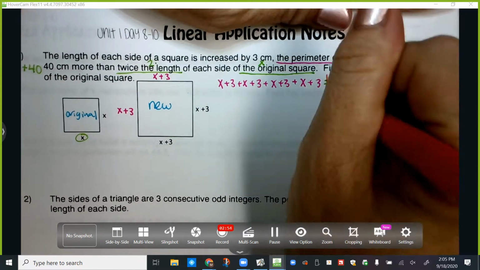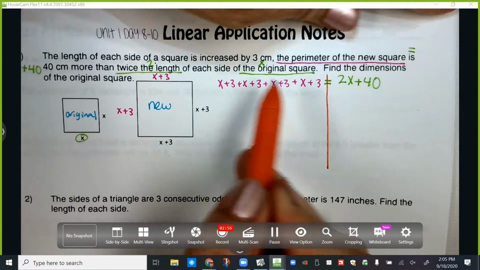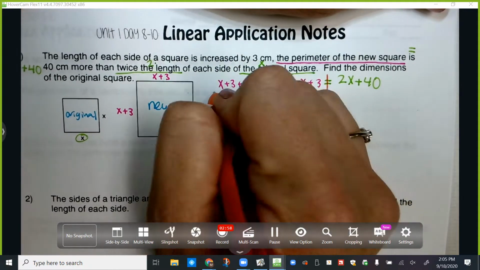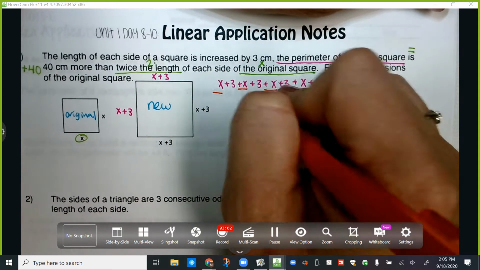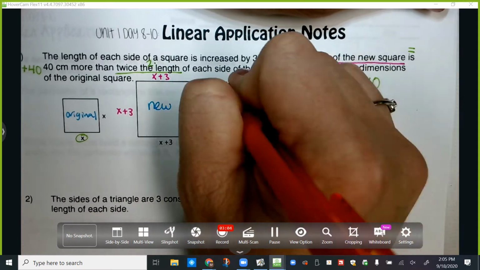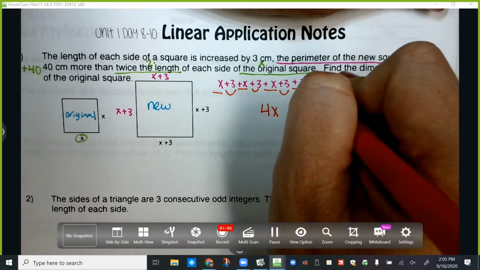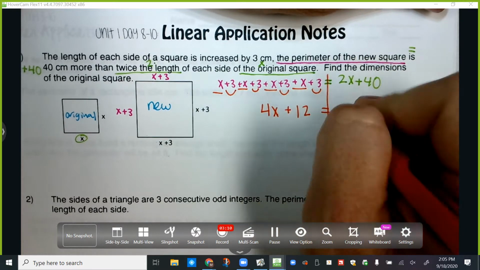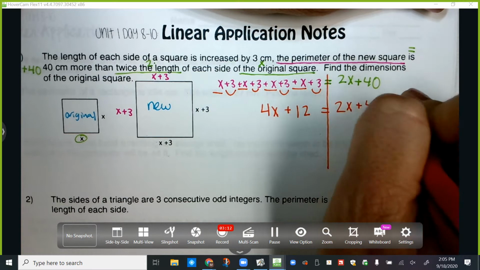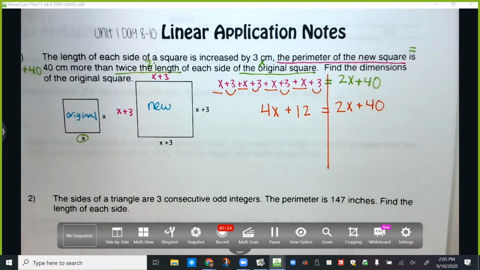Knowing this, you have to simplify the left side first. So what's x plus x plus x plus x? 4x. Plus 3 plus 3 plus 3 plus 3, plus 12 equals 2x plus 40. You've been in here long enough to know, what do I want to move first?